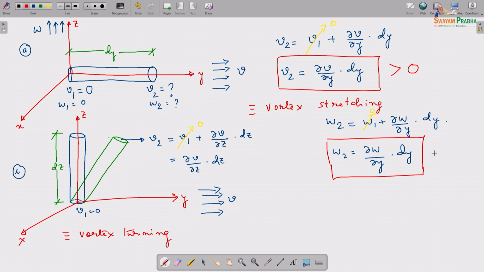So therefore, say this is positive. If this is positive, then what will happen to the fluid element? Think about it. This z component is in which direction? It is in the z direction.